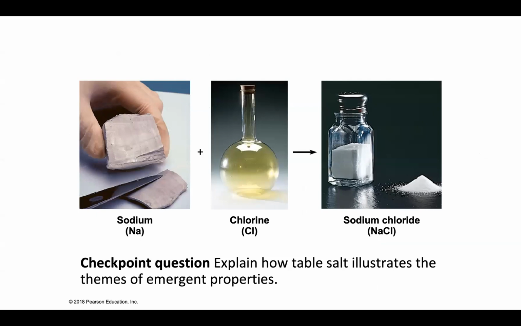This is an example of a compound that's formed between sodium and chlorine. We definitely want to stop and appreciate that separately, sodium has its own set of properties, and chlorine has its own set of properties. When we mix these two elements together, we get a completely different molecule or compound being made with completely different properties.